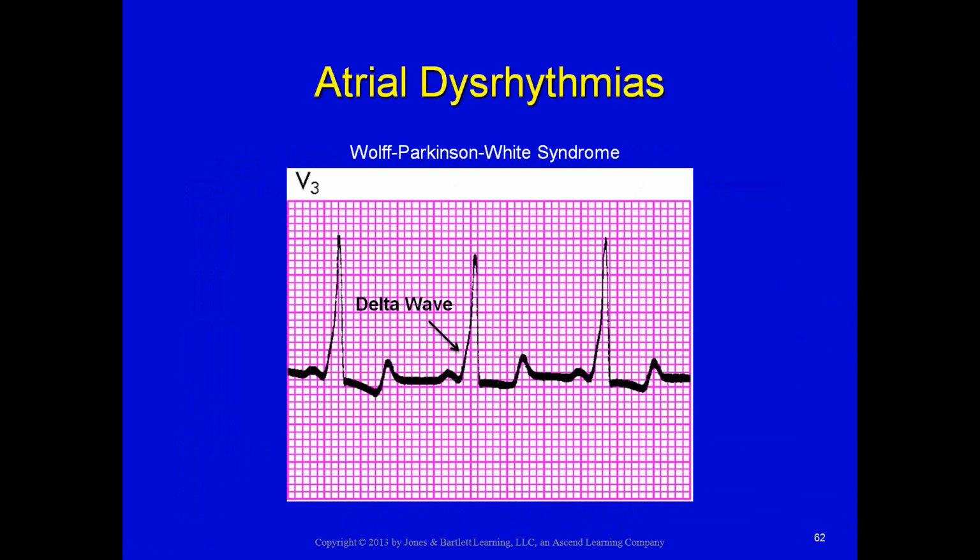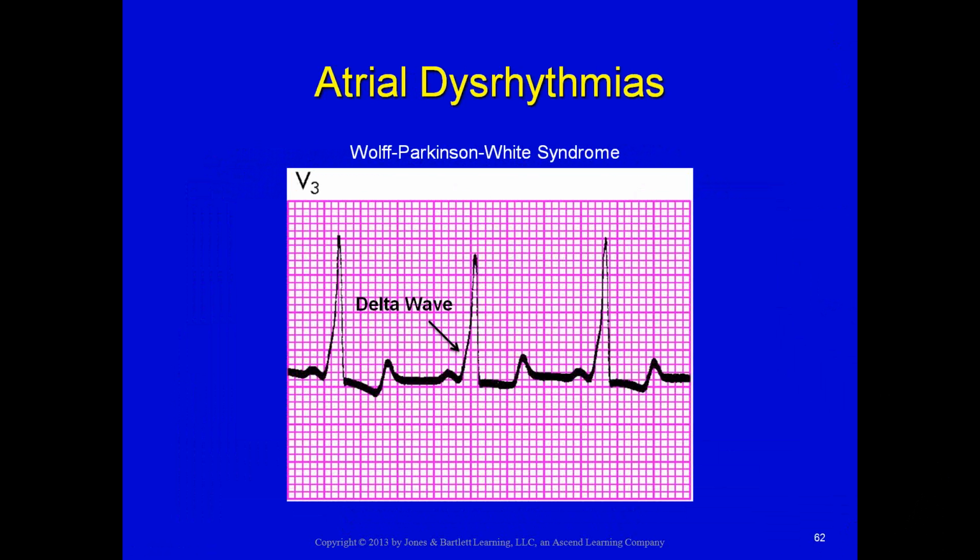So you've got a P wave and then an immediate QRS, so you have no PR interval. Or another way of looking at it is you have a PR interval, but it's less than 3 small squares. So a PR interval that is less than 3 small squares certainly could be WPW or LGL.